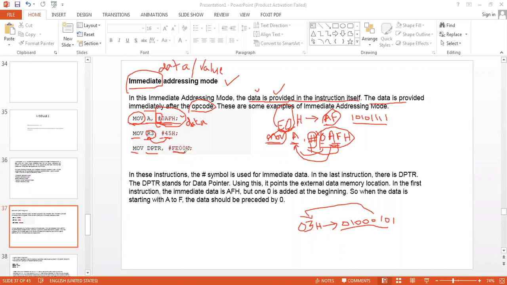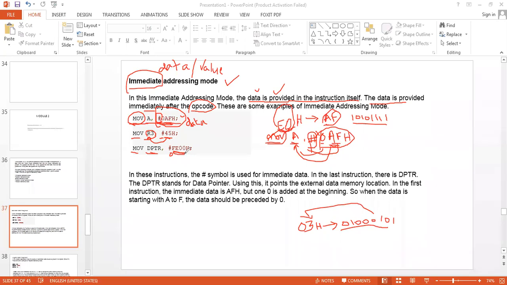Now see that I have not written 0 here, because F has been started, there is no alphabet at the start. If I am writing an alphabet in 8-bit data, then I have to add 0 along with the alphabet. As this is a complete 16-bit register, I don't have to write 0 here. The alphabet can be written directly.